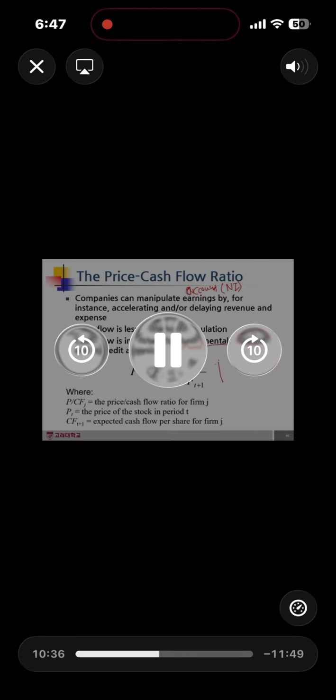So the price to cash flow ratio is the stock price divided by some cash flow measure. The higher the ratio, the higher the likelihood of overvaluation. But similarly, you have to look for why, the reason for a higher ratio or lower ratio.